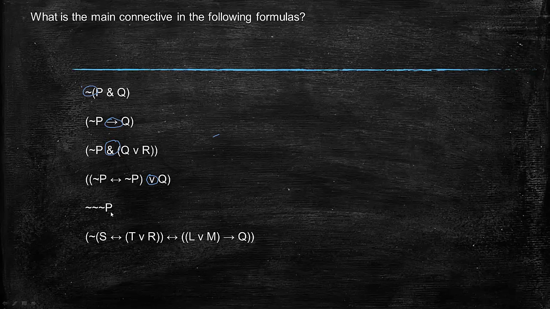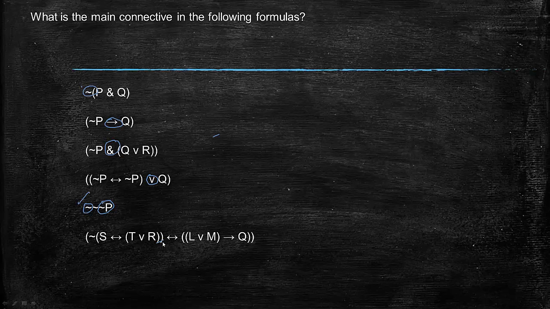What's the main connective here? Well, obviously it's a negation, but which one? Well, it's got to be the one on the furthest outside, right? Because it can't be this one, because the smallest one that contains this negation, the first negation, is not P, right? So it has to be this one.